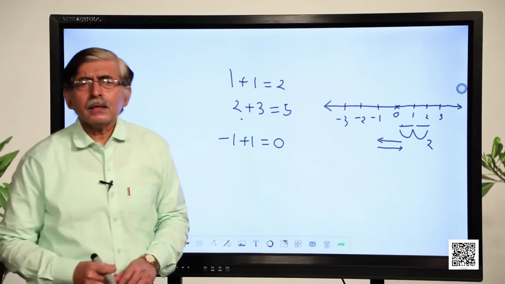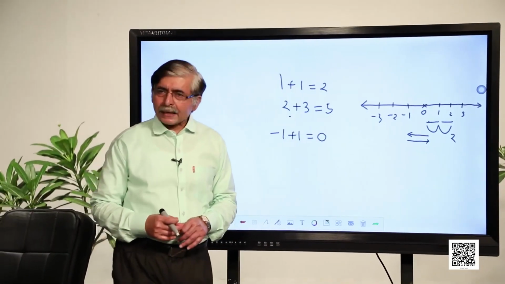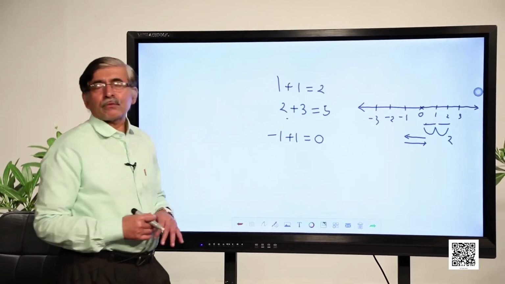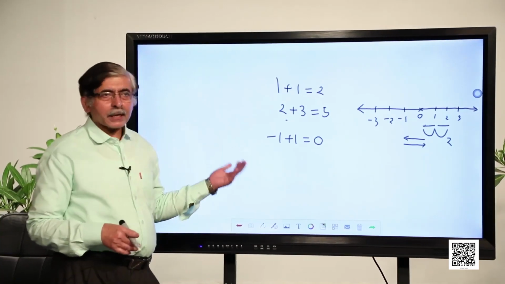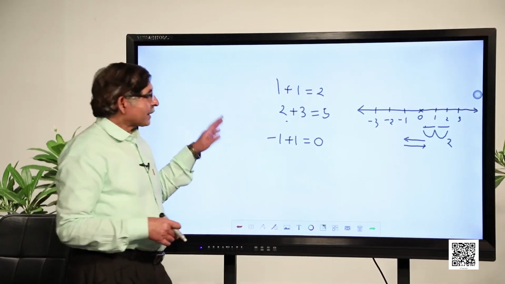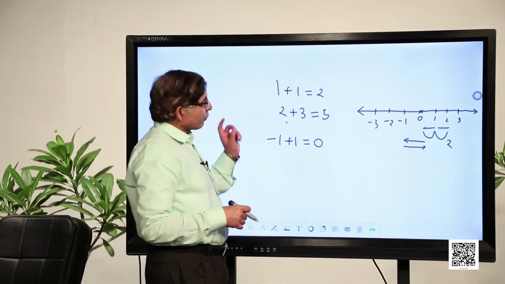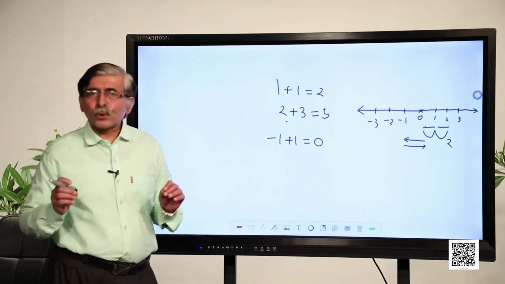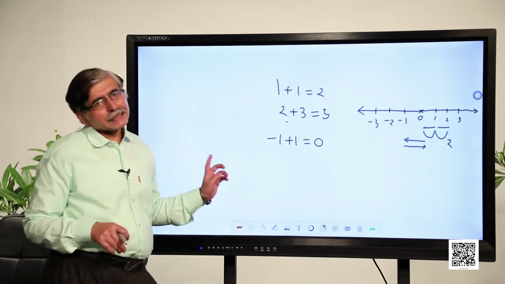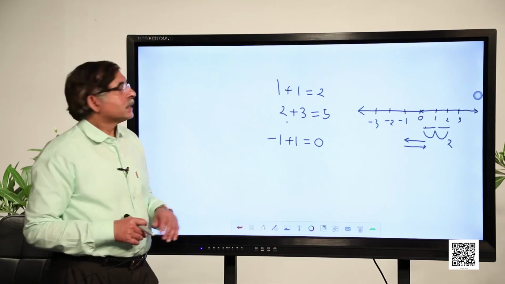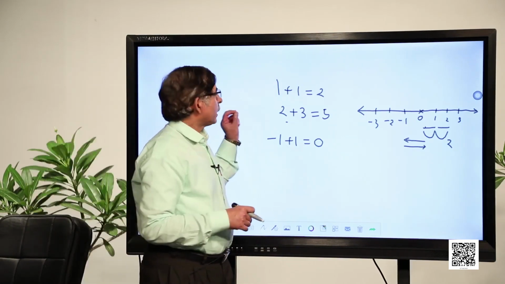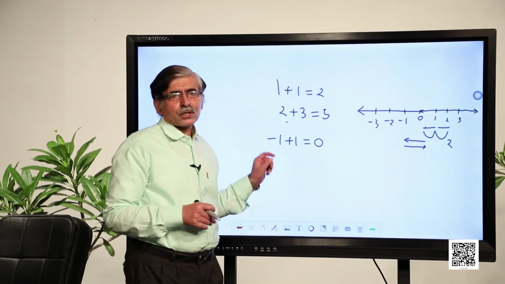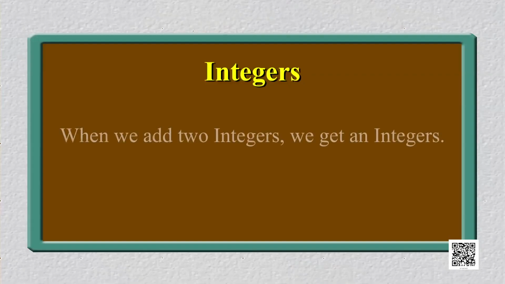So, whatever numbers we add in terms of integers, after the operation we will again get integers. So, we found that we can take any two integers, and if we add we will get an integer. So, we can say that integers are closed under addition, because when we add two integers we get an integer.